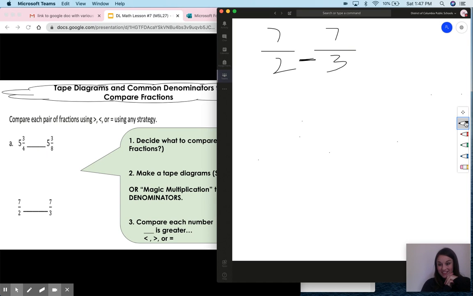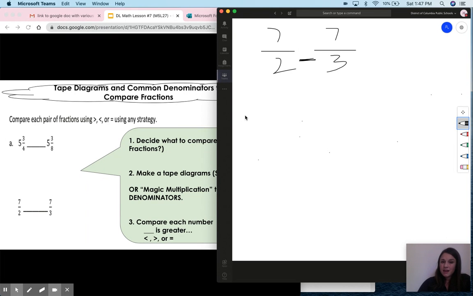Are you thinking what I'm thinking? 6. Can I make 2 into 6? Yeah, 2 times 3. Can I make 3 into 6? Yeah, 3 times 2 equals 6. That's because they have common multiples. That's really what that is.